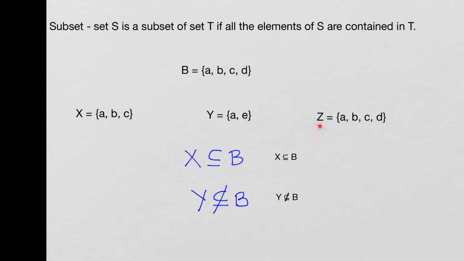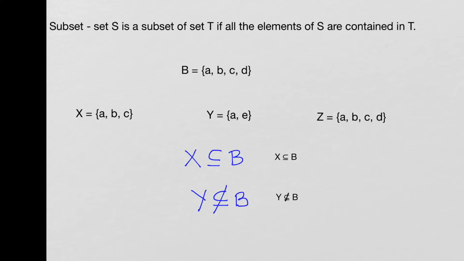Now let's take a look at set Z. Z is the set that contains the elements A, B, C, and D. So we can see that sets B and Z are equal to each other.